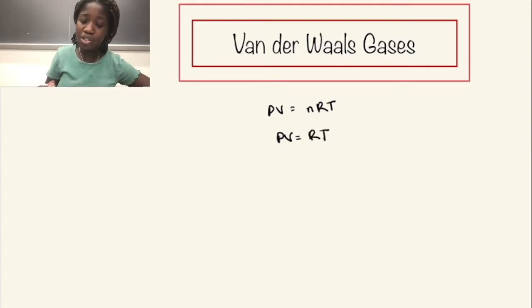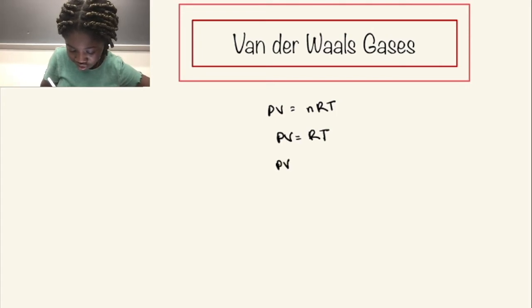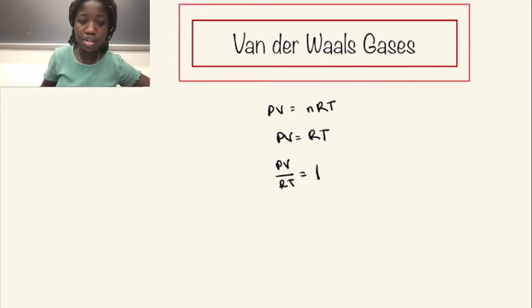By dividing both sides by RT, we will have that PV over RT is equal to 1 for ideal gases. And if we draw this against varying pressures, it will look something like this.